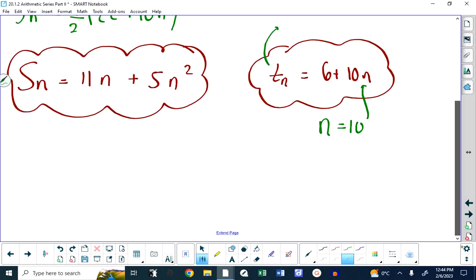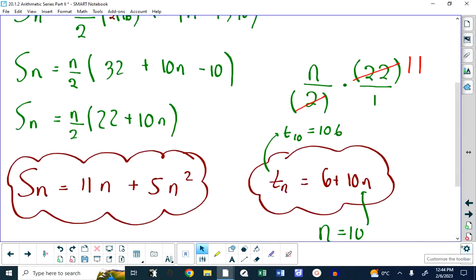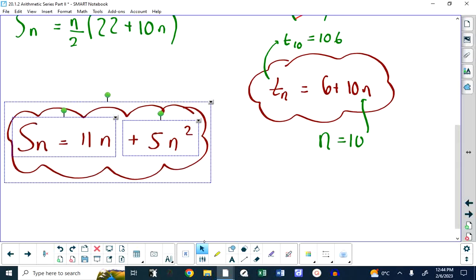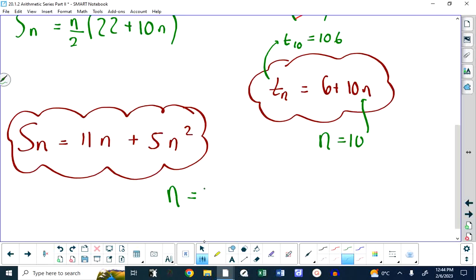What did we say, 106? But that's Tn. It's the distance to the 10th pylon and back. If I put, for example, in this other one, n equals 10, I have to put it in two places, by the way. Get your calculator or your brain going and work out what we're going to get when we put n equals 10 in there.